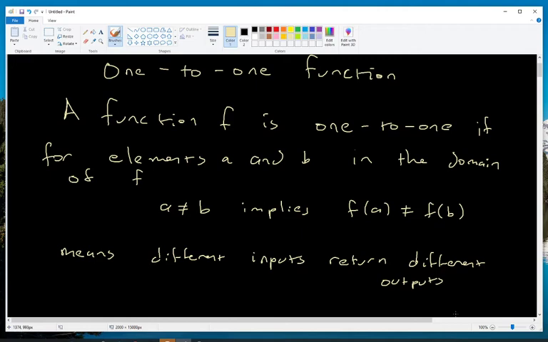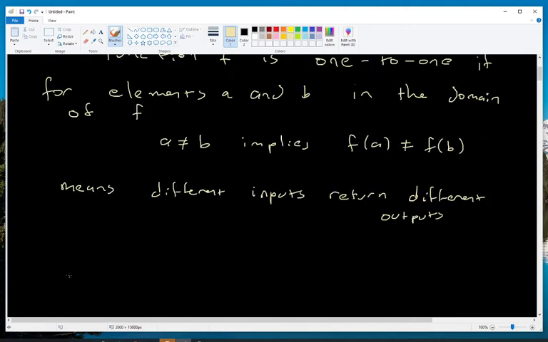So we can't have two inputs, or I guess two inputs can't create the same output. So stated another way, two inputs can't have the same output.